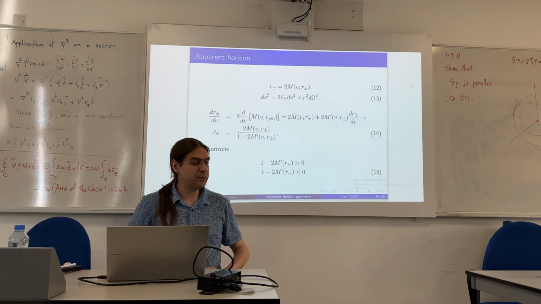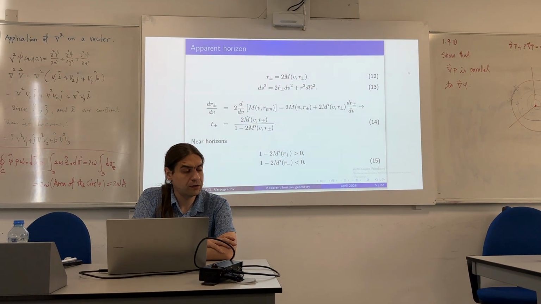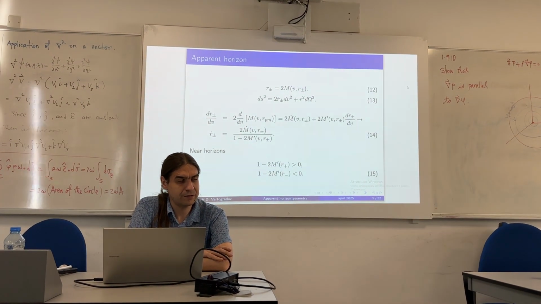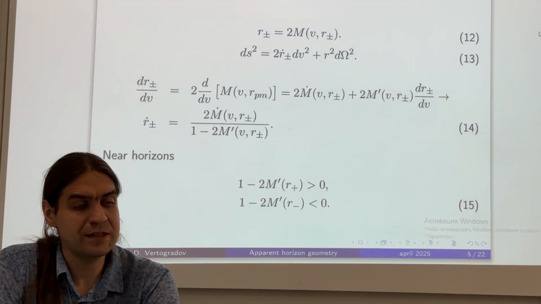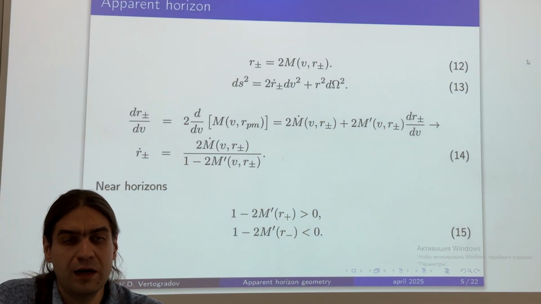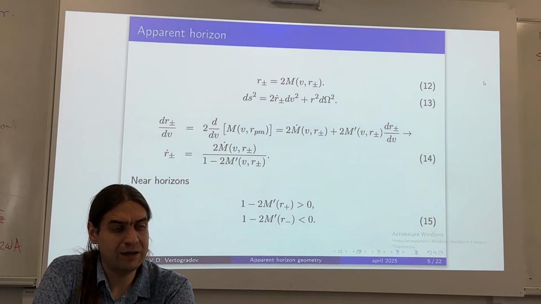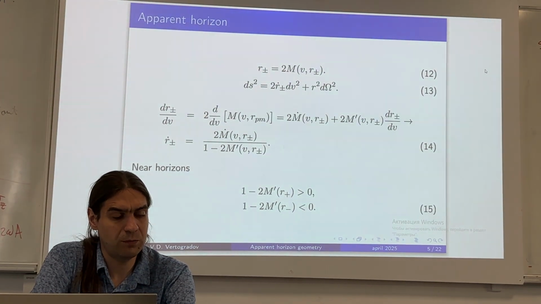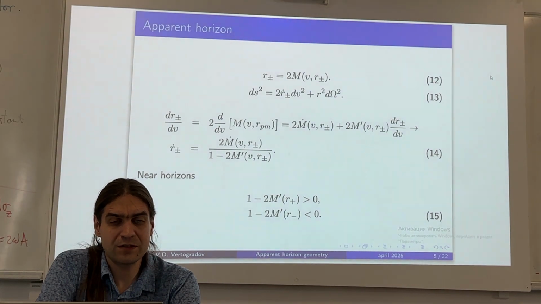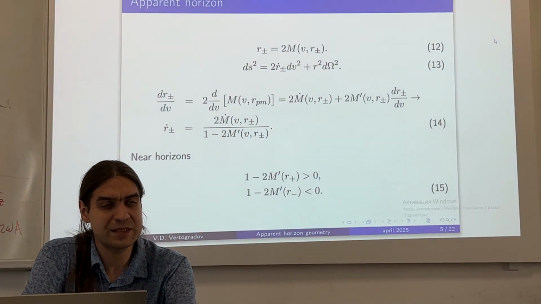But still, 1 minus 2m prime is positive for the exterior apparent horizon, but negative for the inner apparent horizon. It means that, and this is the first argument which contradicts the usual picture, the exterior apparent horizon is time-like and shrinking, so we are right now in the black hole evaporation process. But the inner one is not a time-like hypersurface anymore. It's a space-like hypersurface, and it expands.